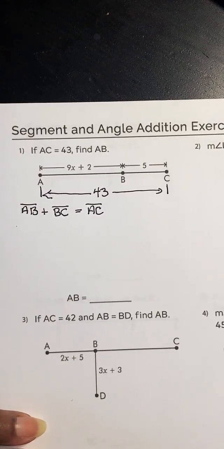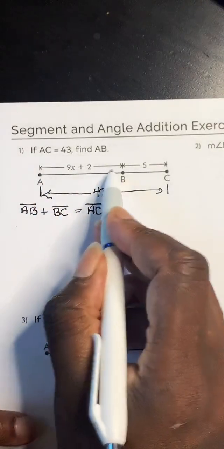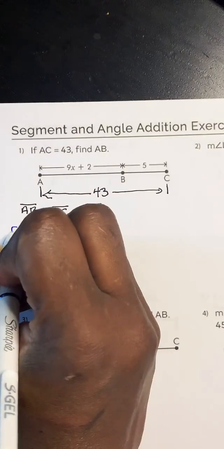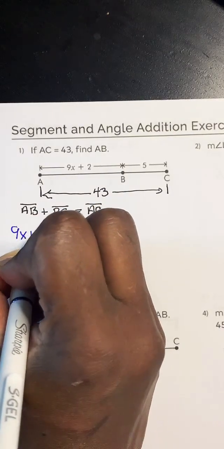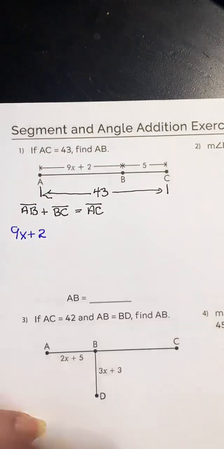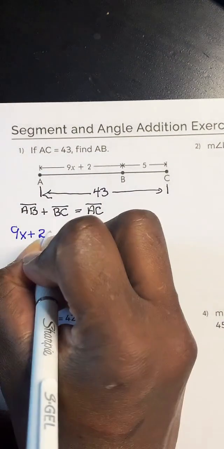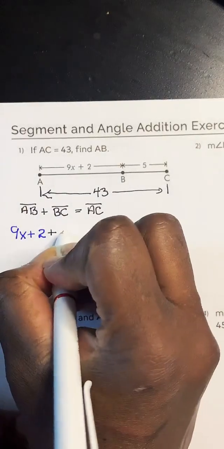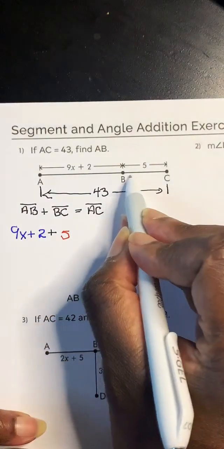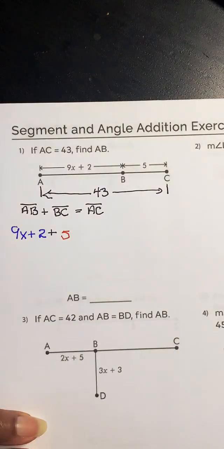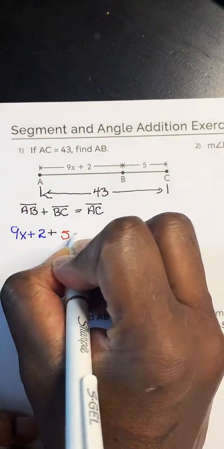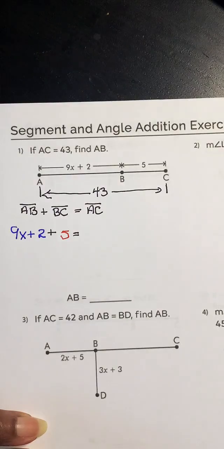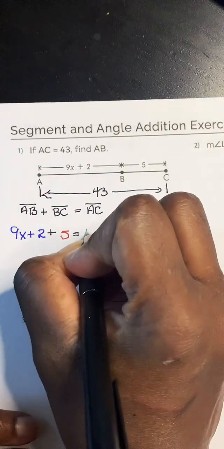What's going in for AB is our expression 9x plus 2. What's going in for BC is 5, because that's the length from B to C. Then we write down what AC is, which is 43.